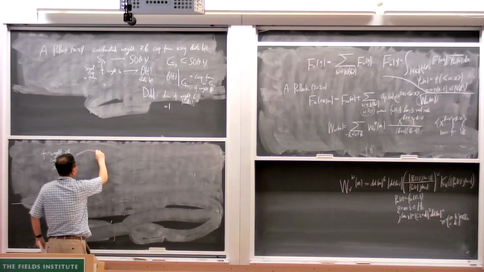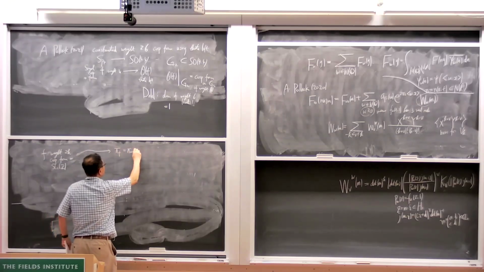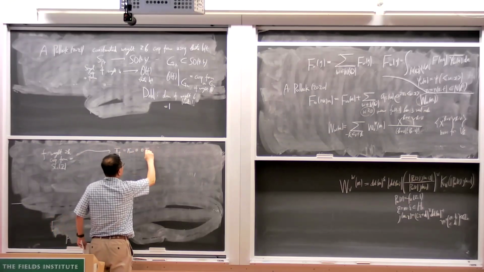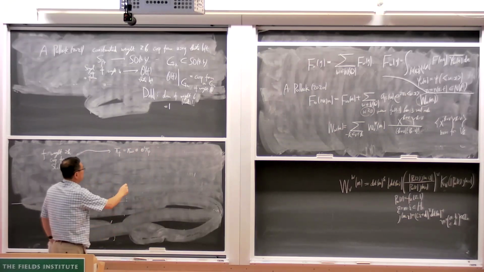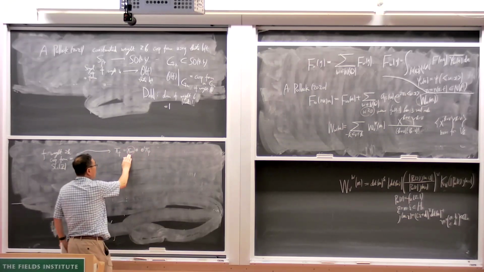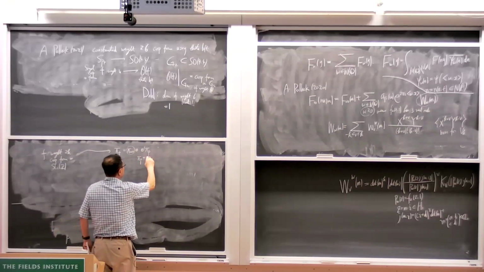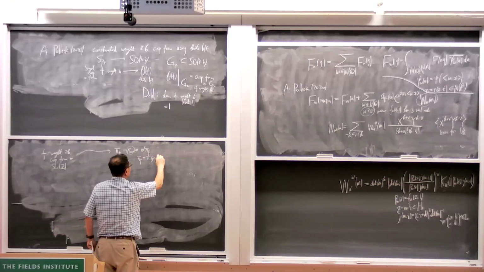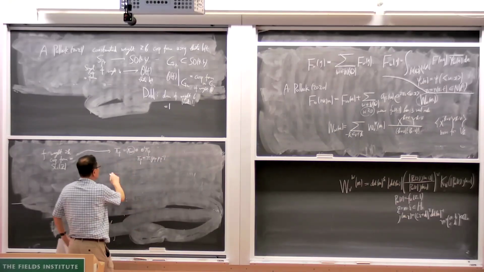So then you have a representation, and pi infinity is a holomorphic discrete series, and pi p is a principal series, mu p inverse.